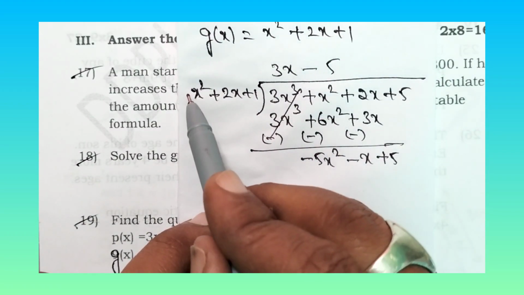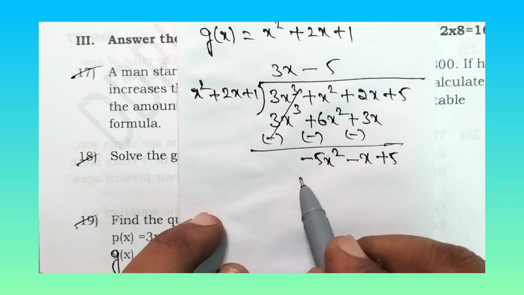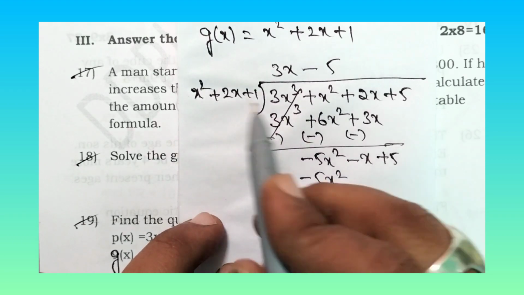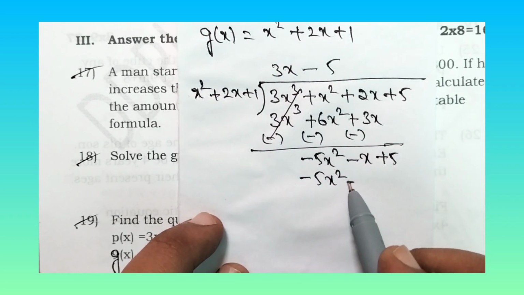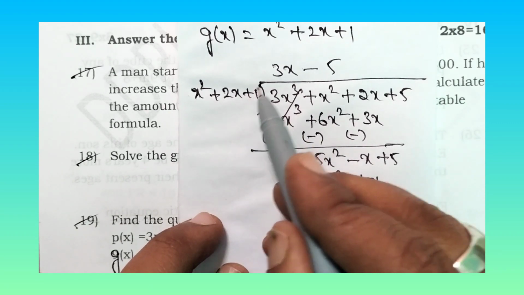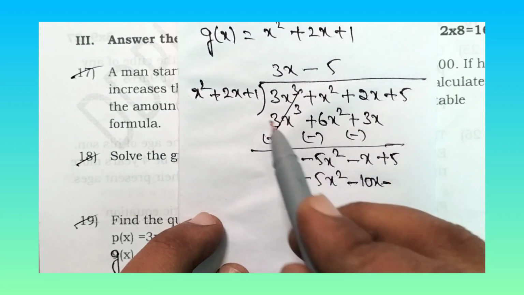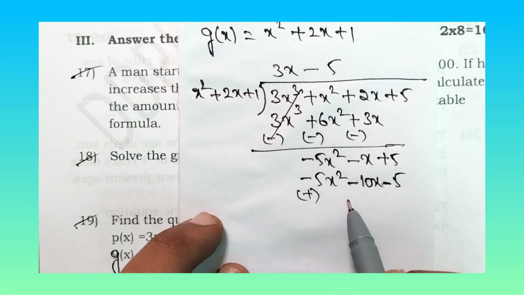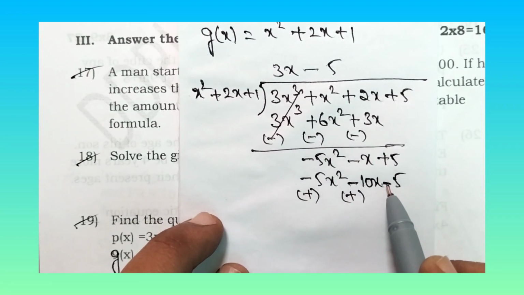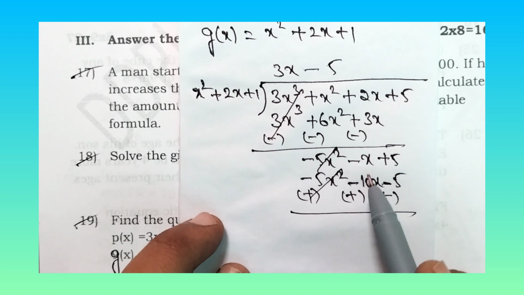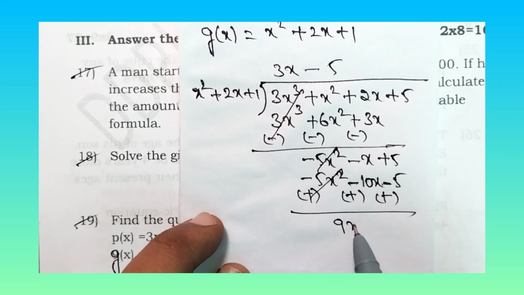Multiply by 5. X square into 5 is 5x square. 2 into 5 is 10x. 1 into 5 is 5. Plus into minus is minus, so minus becomes plus. Plus 5x square minus 5x square cancel. 10x minus 1x is 9x.